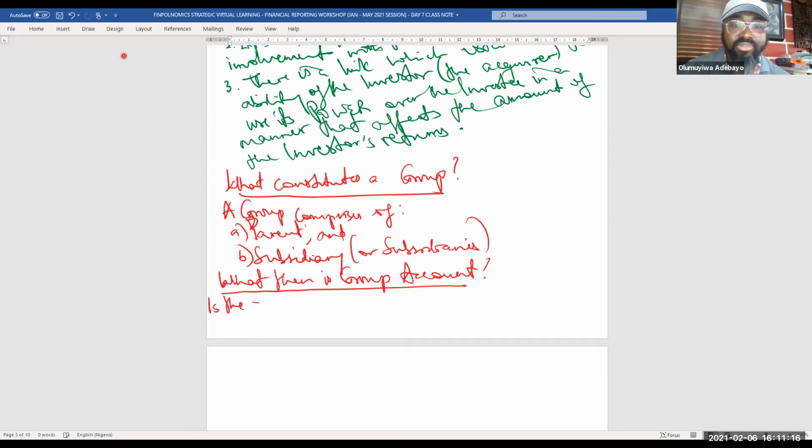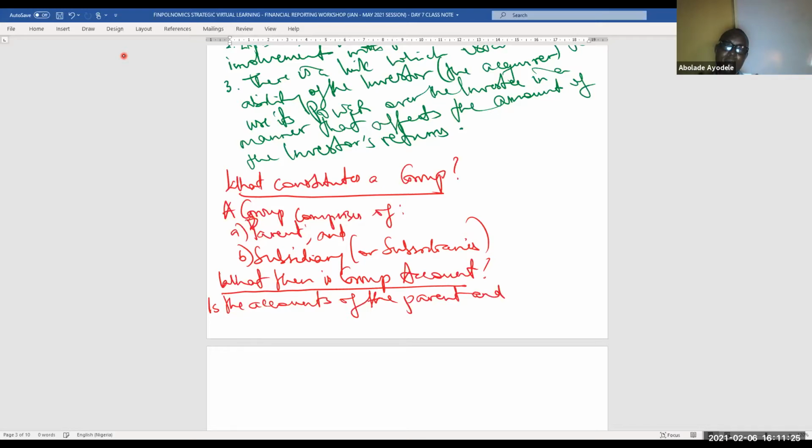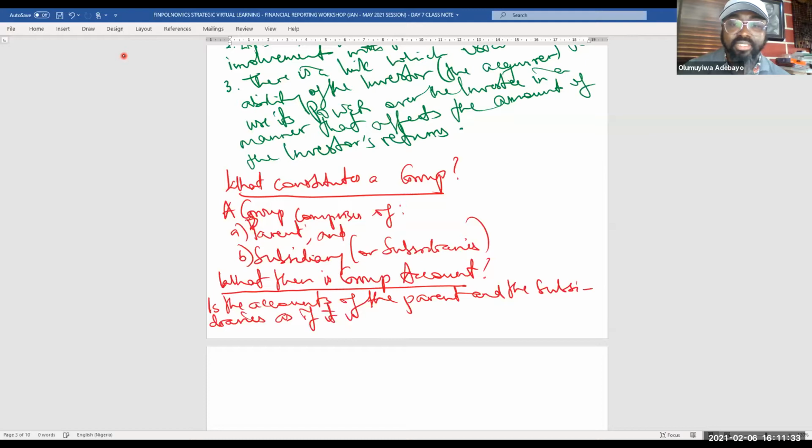It is the accounts of the parent and the subsidiaries as if it is the account of a single, I'll put it in quotes, economic entity.